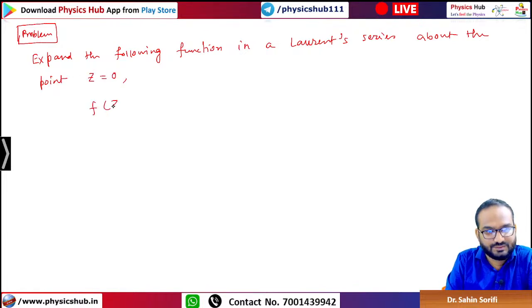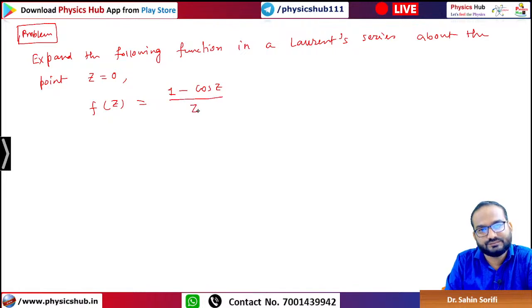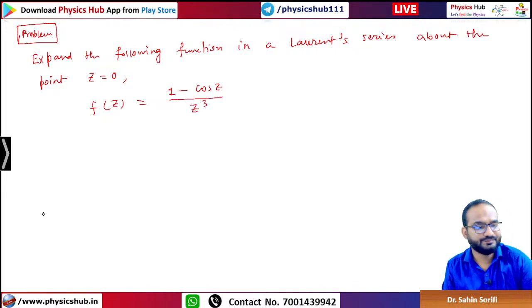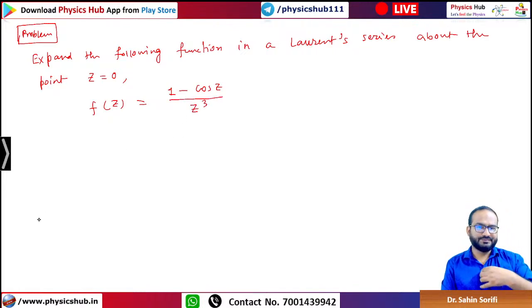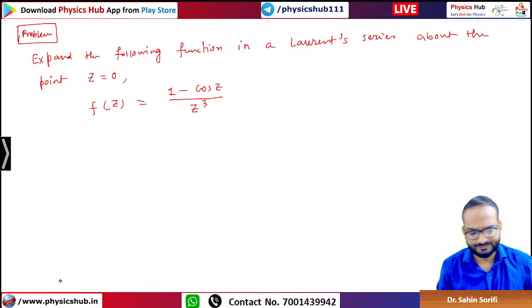The function is given to you, f of z equals 1 minus cos z by z cube. I think you can easily do it. Do it.